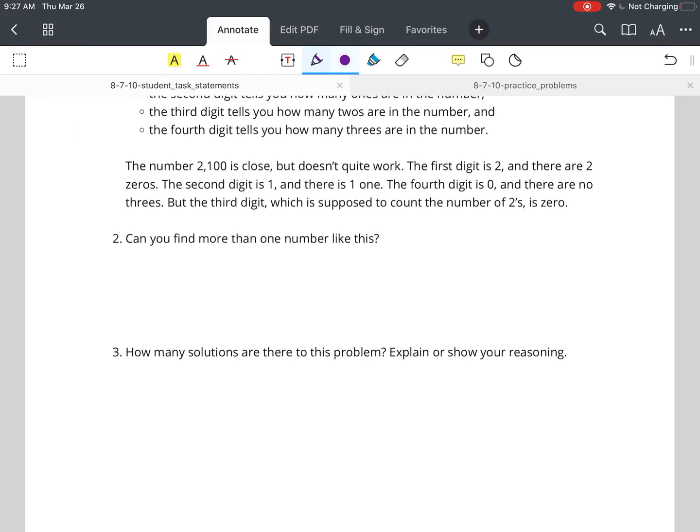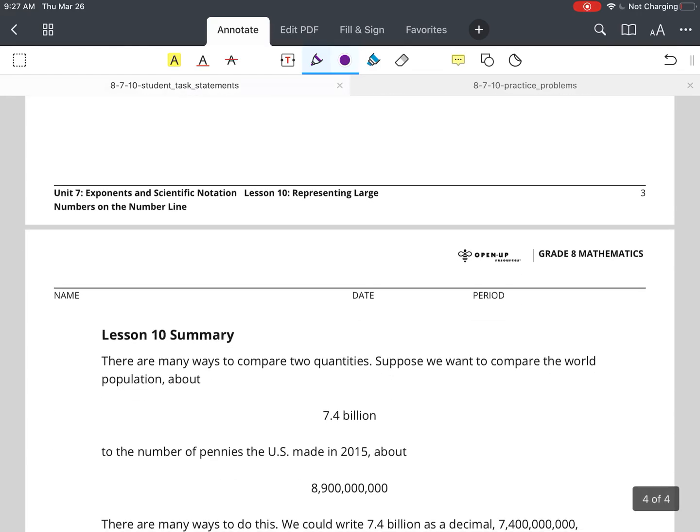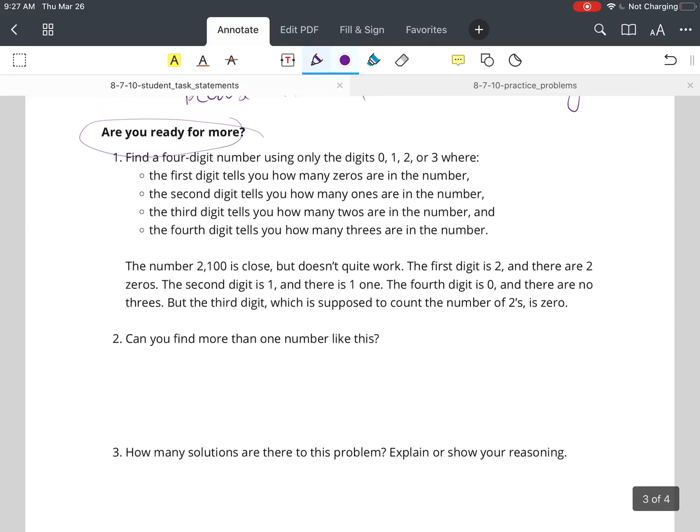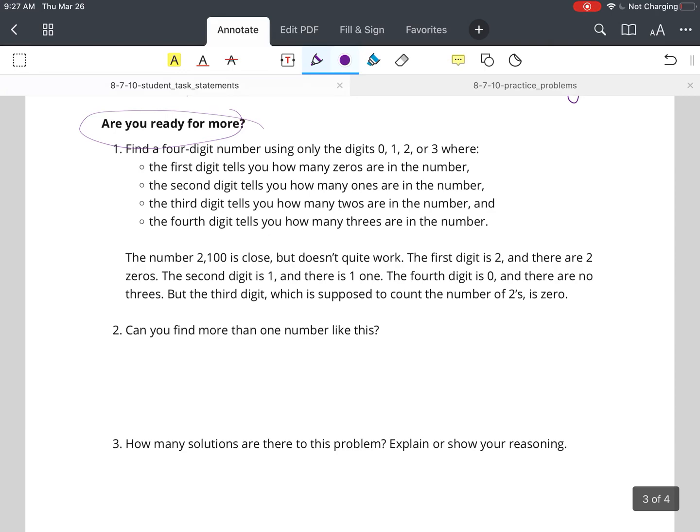Let's not worry for this right now. You can try it out on your own, actually. What? No, let's try it out then. Find a 4-digit number using only the digits 1, 2, 3, or 4, where, okay, so it's a 4-digit number, and it can't be a 0 because you can't have a 0 in the thousands place. The first digit tells you how many zeros are in the number.